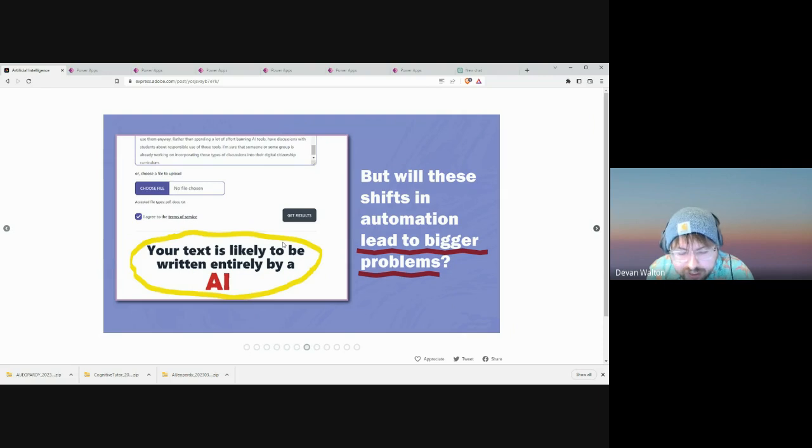One of the models that has gained a lot of fame lately is this detection model called GPT-Zero, and it promises to be able to detect content generated by ChatGPT with nearly 100% accuracy. Well, it's true that it is very good at detecting content generated by ChatGPT. It has an error rate or a false positive rate of maybe 2%, which isn't too bad.